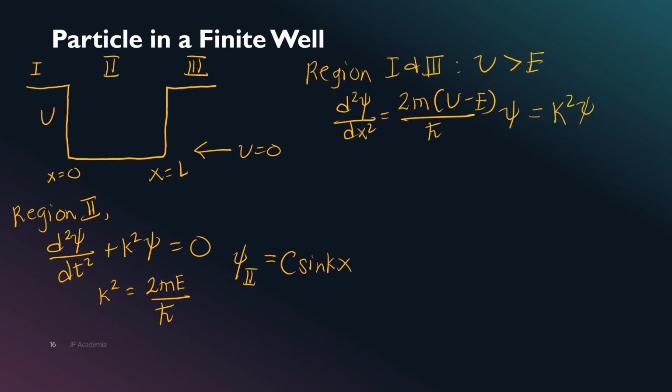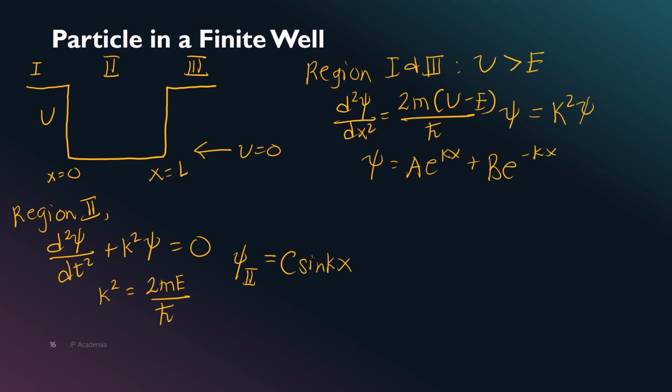Let's now go to regions 1 and 3. At regions 1 and 3, the potential is greater than E. Thus, we have this Schrodinger equation. Given that k squared is positive, the solution of this differential equation can be written using exponential functions.